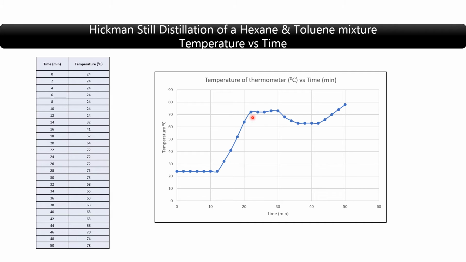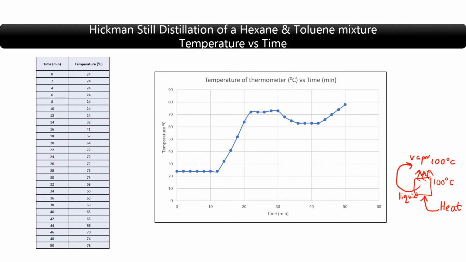So let's take water as an example. When we're boiling water, the temperature of the boiling water is 100 Celsius, and the temperature of the boiling steam, our vapor, is also 100 Celsius. So as long as this water is boiling, all the heat that we provide is used to convert the liquid into vapor.